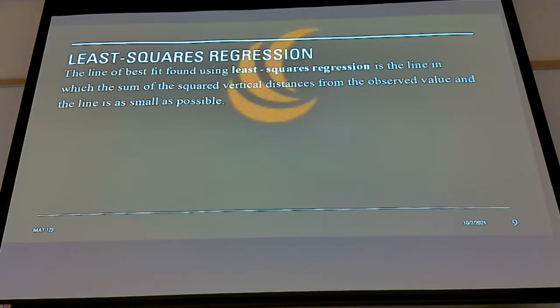Hence the name least squares. Regression itself is a term that is used to represent finding a best fit.